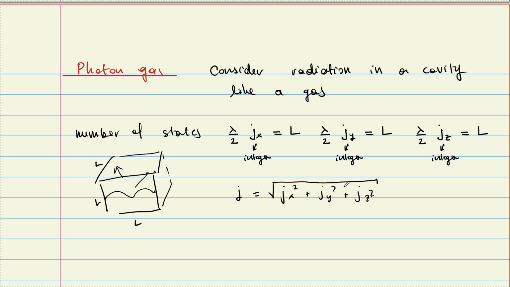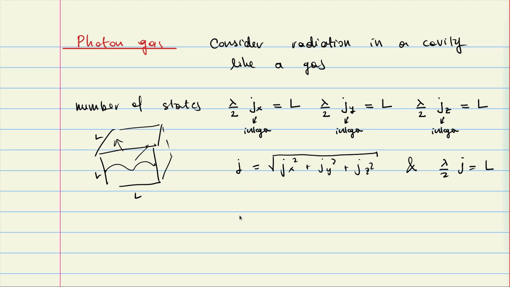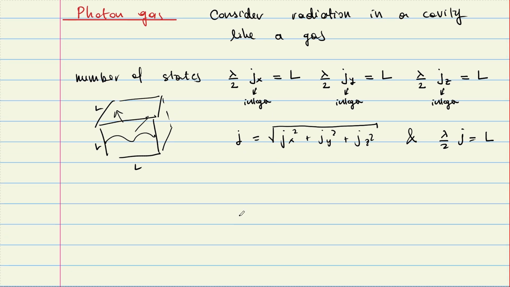So now this can be in any direction. By adjusting jx, jy, jz, you can get j in any direction. And the quantization condition will be lambda over 2 times j should be the linear dimension. If it is a spherical container, it's going to be L in any direction, which is going to be the diameter of the container.